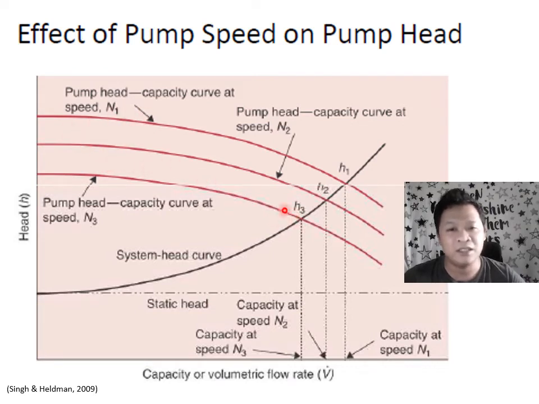And as you can see here, kapag ina-adjust mo yung pump rotation speed, ay lumalaki din yung pump head. Okay? So, parang rainbow, no? So, as you can see here, yung H1, mas malaki yung volumetric flow capacity niya than the H2 and H3.